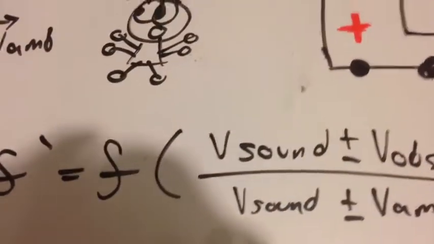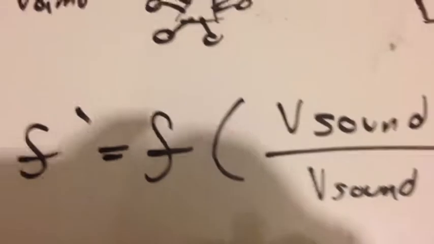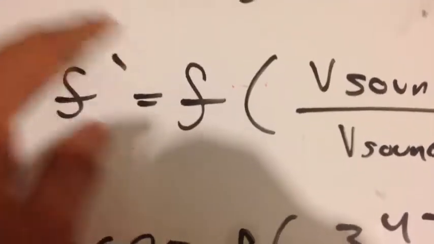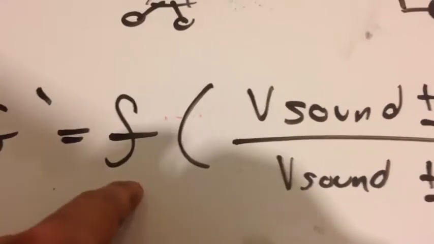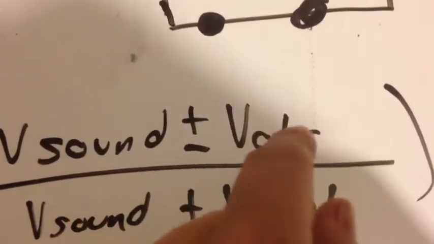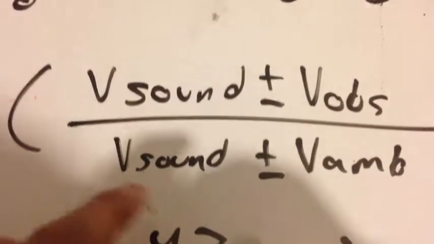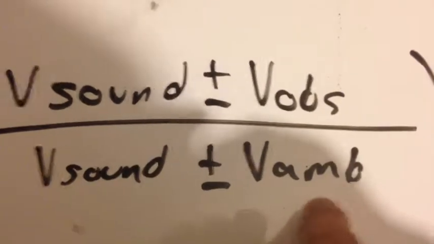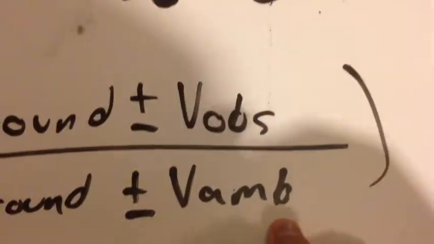So we know that the Doppler effect equation is: the frequency heard equals the original frequency times the velocity of sound plus or minus the velocity of the observer, over the velocity of sound plus or minus the velocity of the source, in this case the ambulance.